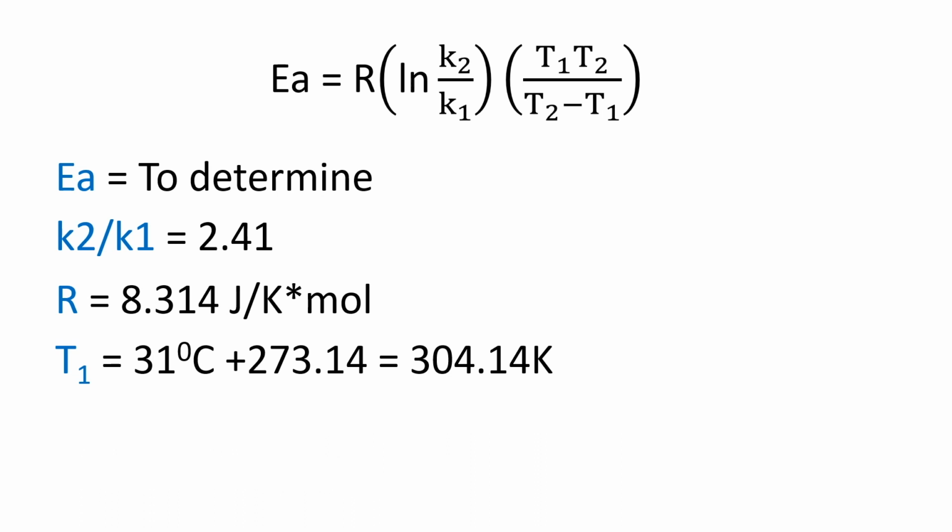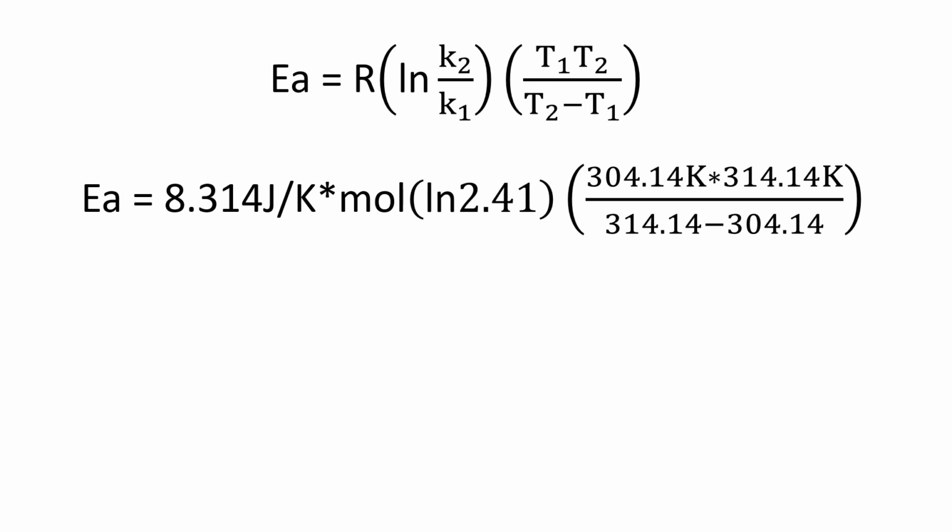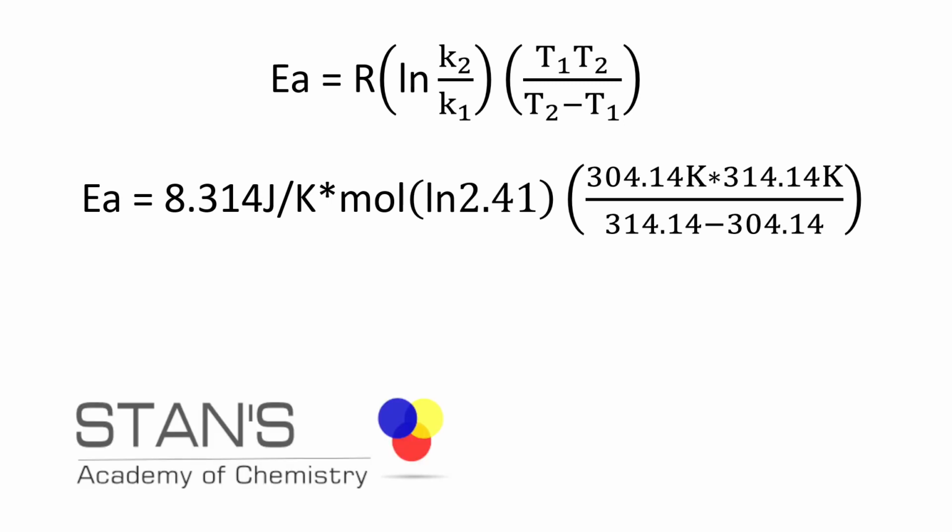So 304.14 Kelvin. And T2 is 41 degrees Celsius or 314.14 Kelvin. Now we can substitute these numbers in the above equation, and this will give you an energy of activation of 69.872 kilojoules. So that's how you can calculate the energy of activation.